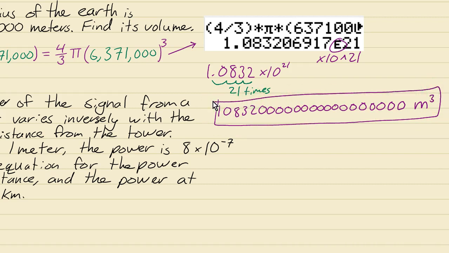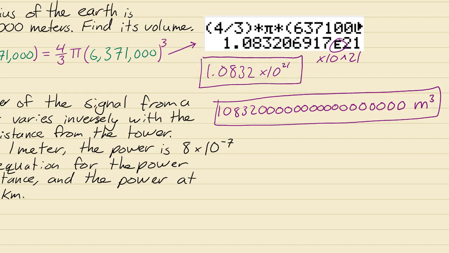You could write the answer like that if you have a lot of time on your hands and you really like writing zeros over and over again, but you're going to make a lot of mistakes if you try to do arithmetic with this because of all of the zeros that you have to keep track of. So instead of writing it that way, we're going to keep it this way.